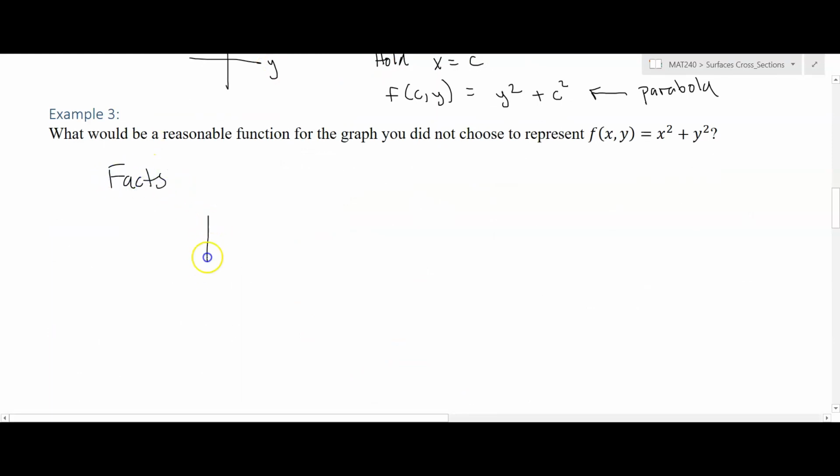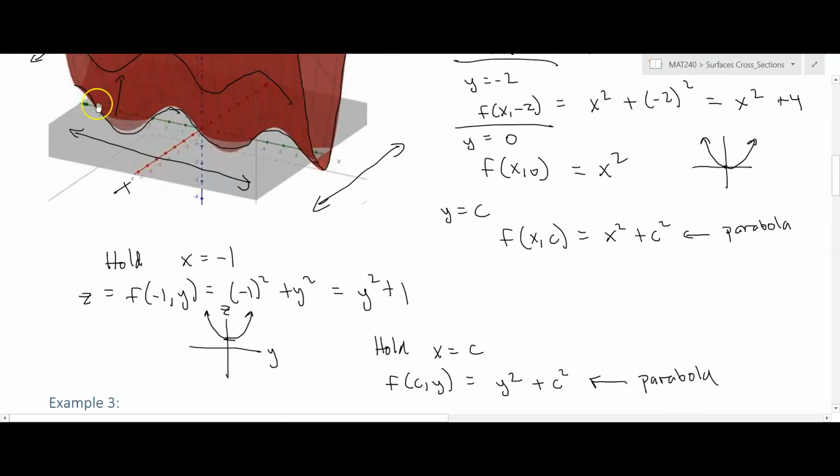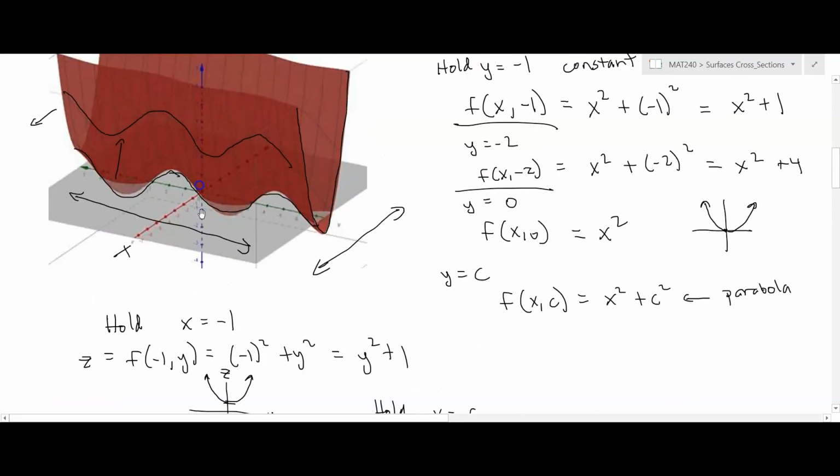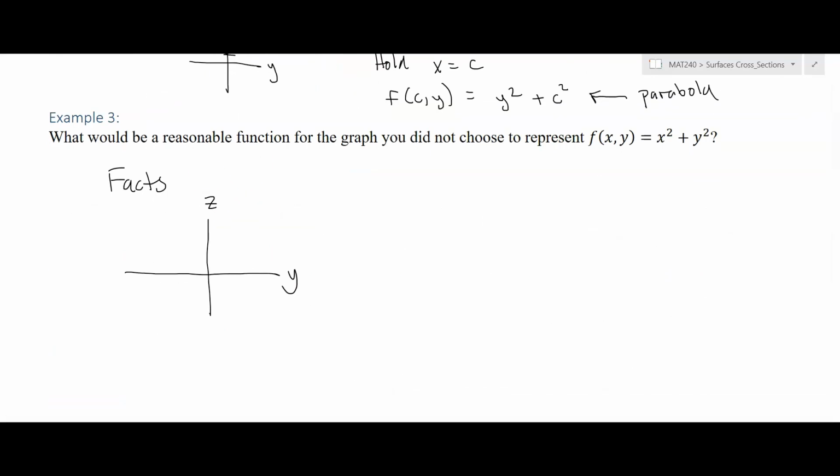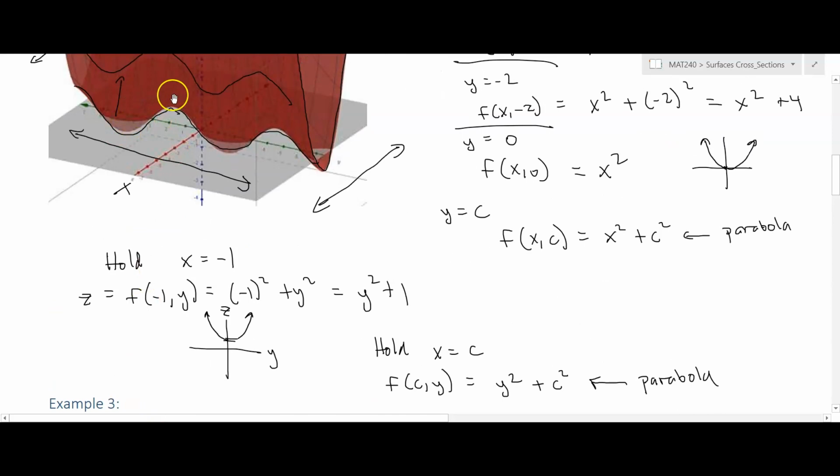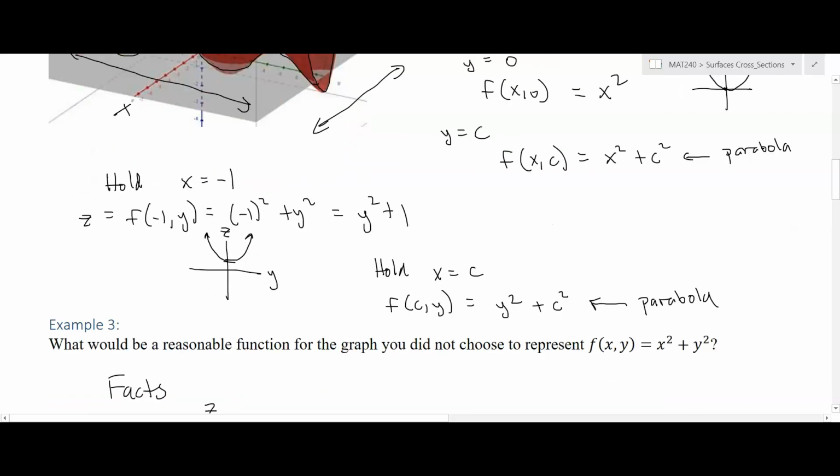We know that whenever we look at the graph of z versus y, so once again, what that means is that we're looking at the green axis and the blue axes, and we're fixing a value of x. What we see is something that looks sinusoidal. Now again, I can't really tell super well by the way that this angle is rotated, but I'm just going to assume that this parabola intersects the origin right there.